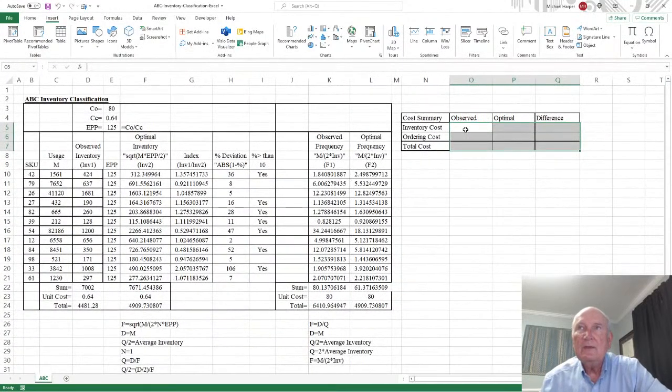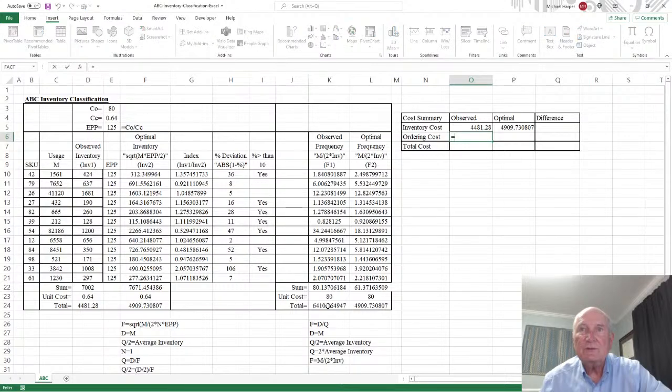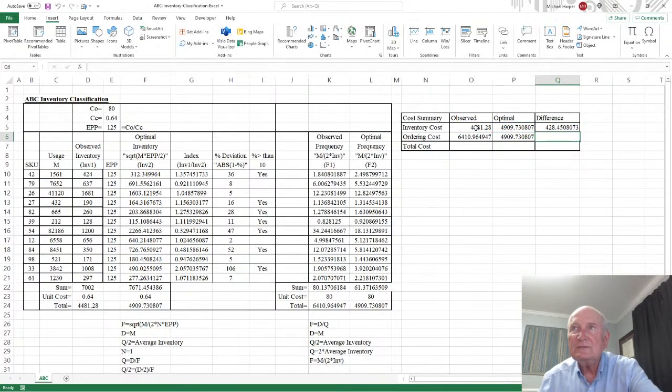There we go. Now the observed, there's an inventory cost of the observed right here is going to equal this. The optimal is equal to this. Ordering cost observed is equal to this. This is equal to this. Okay, and then the difference is going to be, in this case, this minus this.